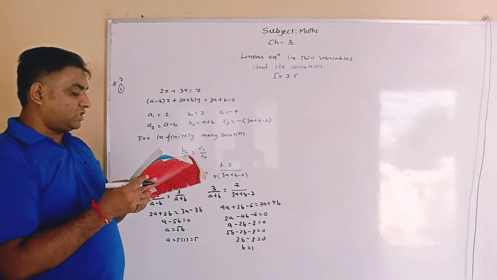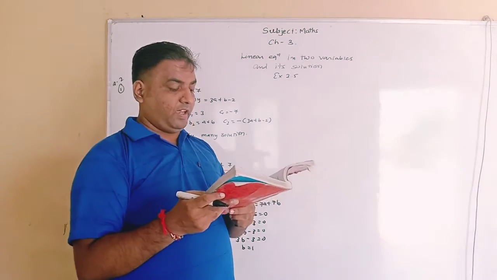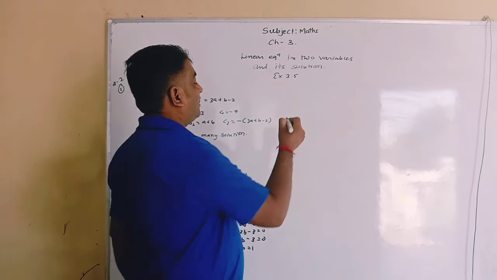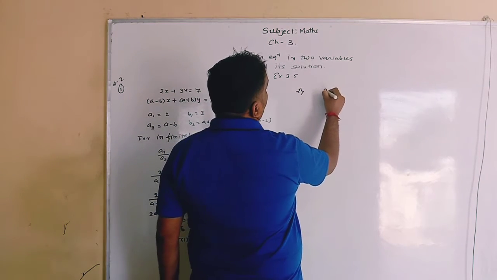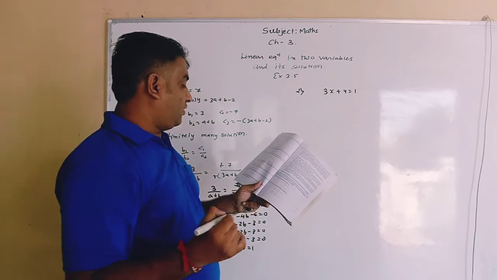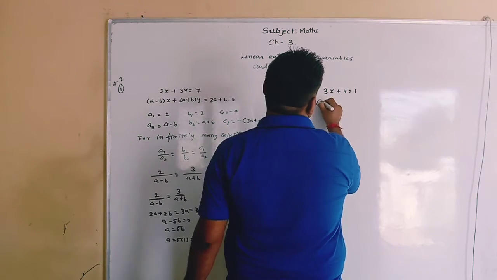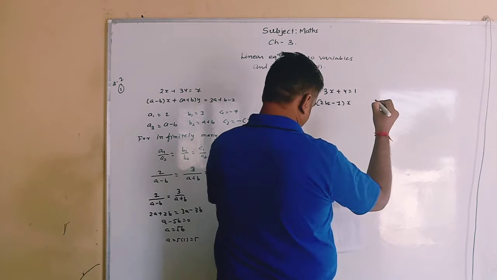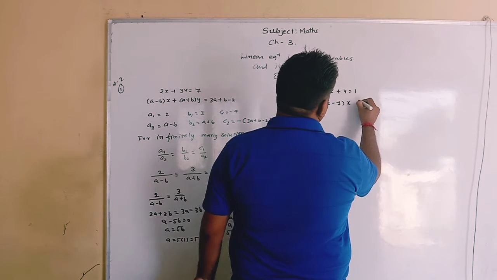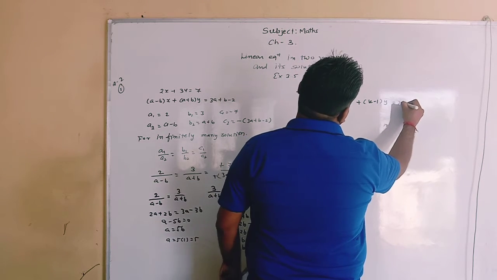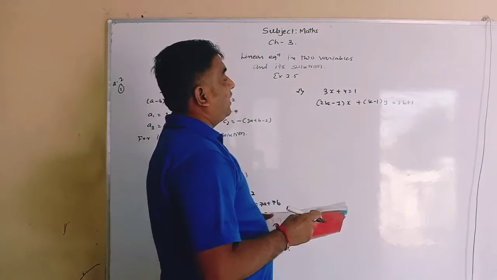Now the next question: for which value of k do the following linear equations have no solution? The equations given are 3x + y = 1 and (2k - 1)x + (k - 1)y = 2k + 1.